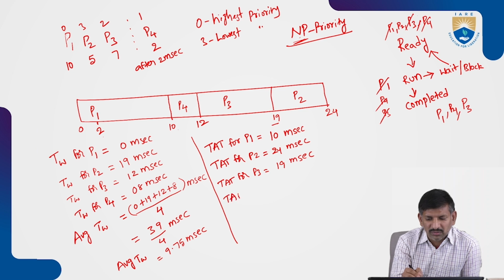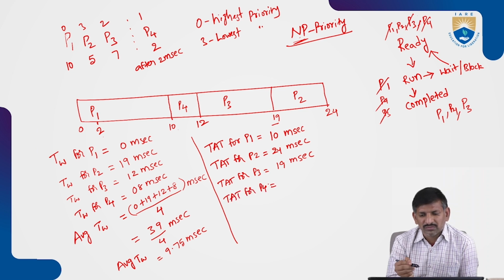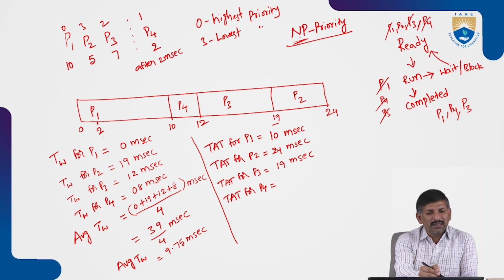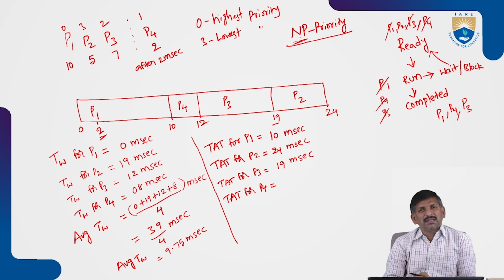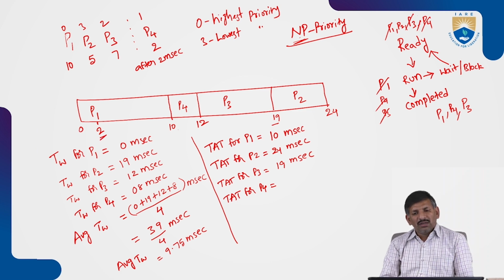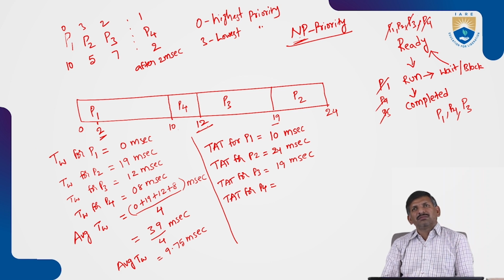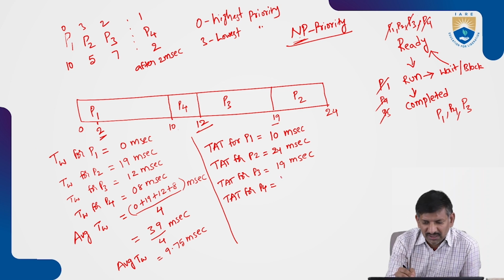Next, turnaround time for process P4. Process P4 enters the ready state at the 2nd millisecond and its execution is completed at the 12th millisecond. So the time taken by process P4 for completing its execution is 10 milliseconds.